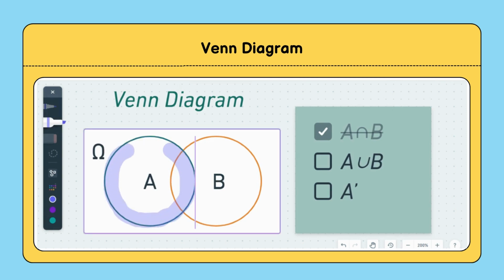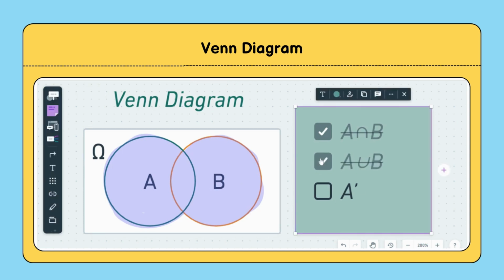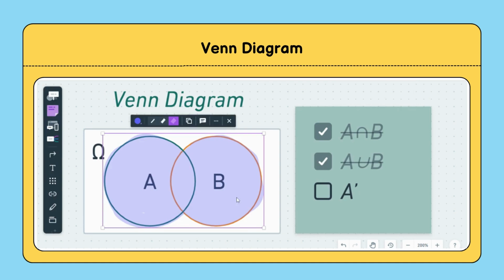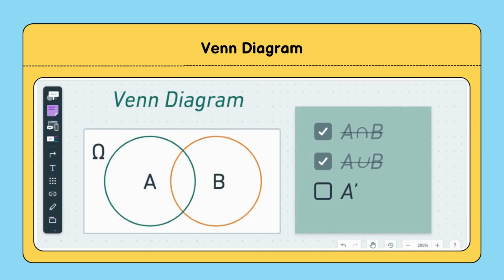Obviously, when we do this, we color the intersection part twice, once when we color A and once when we color B. This is important later in counting and probability, because the intersection is colored twice, and when we want the number of elements in A union B, we have to take the intersection part and subtract it at the end because we counted it twice.